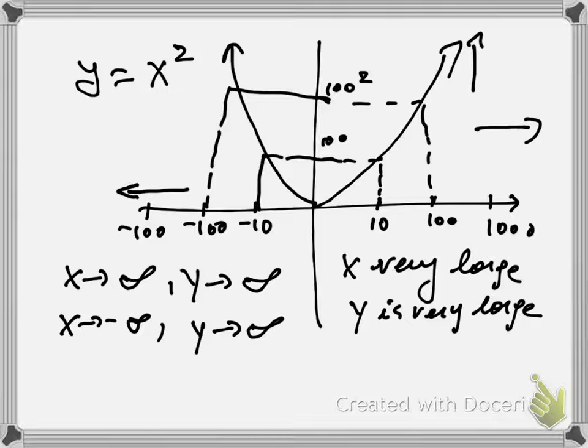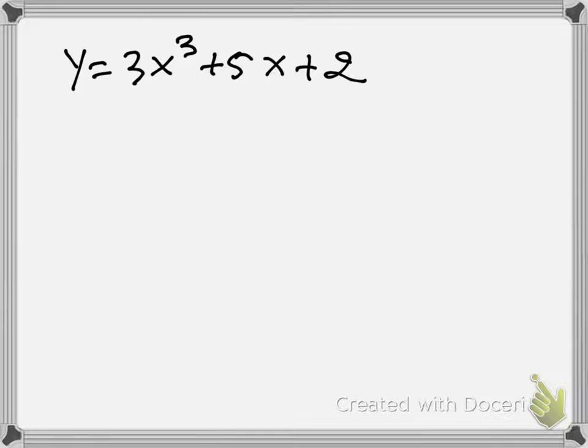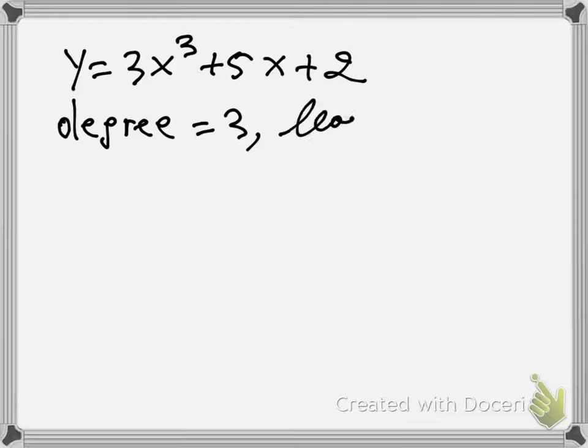Okay, it turns out that in general, the end behavior depends only on the leading term. So I'm going to look at y equals 3x to the third plus 5x plus 2. The degree of this polynomial is 3, and the leading coefficient equals 3.